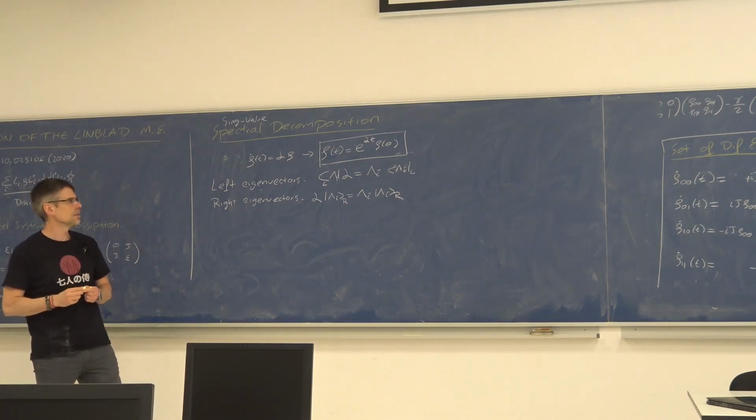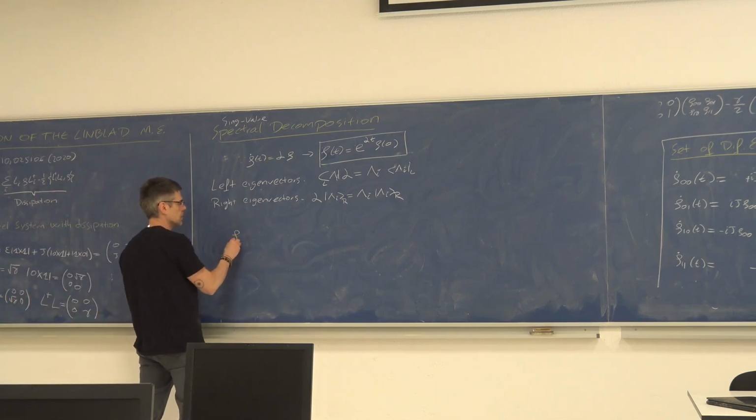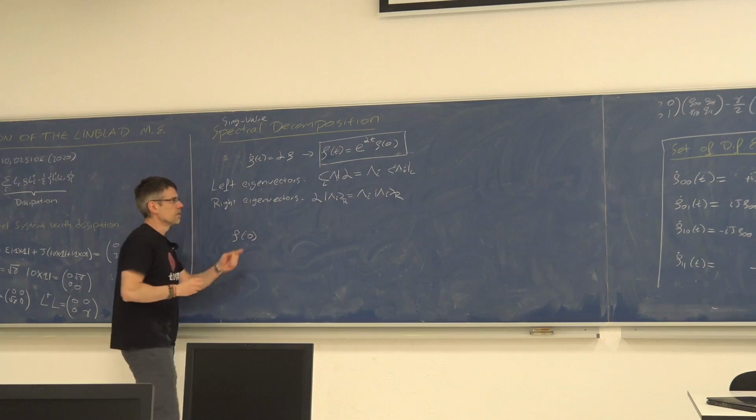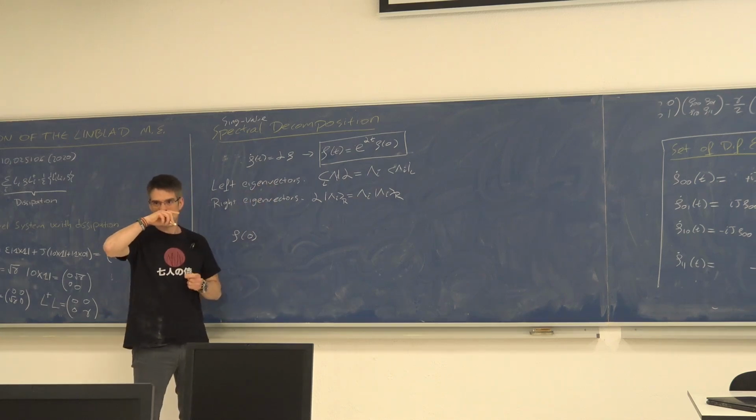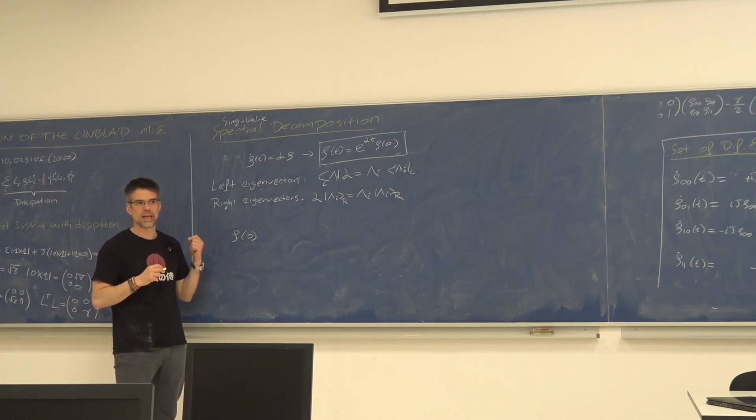Yeah. Okay. So basically, what we have to do is we find the eigenbasis. And now that we have this eigenbasis, we take our initial density matrix and expand it in this eigenbasis.